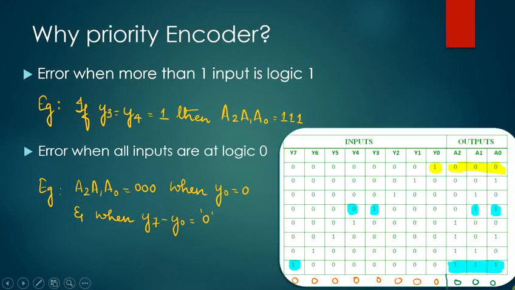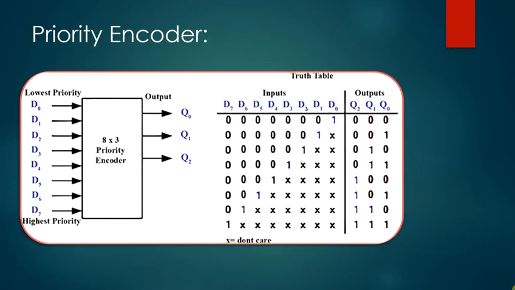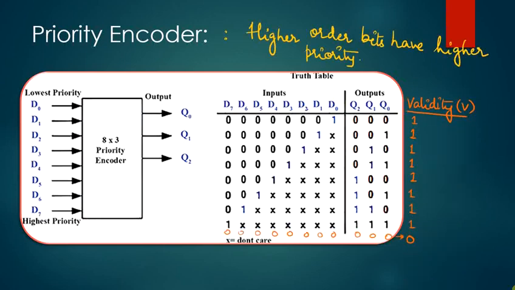So in order to overcome this problem, we make use of a priority encoder. The priority encoder will have a validity indicator, and from the truth table of this priority encoder, we can observe that higher order bits will have the higher priority.